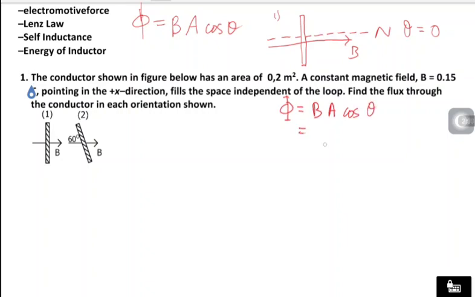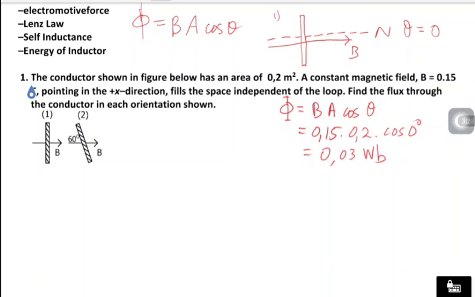B magnetic field is 0.15, the area A is 0.2, cosine 0. So we get the value of flux as 0.03 Weber. Okay.